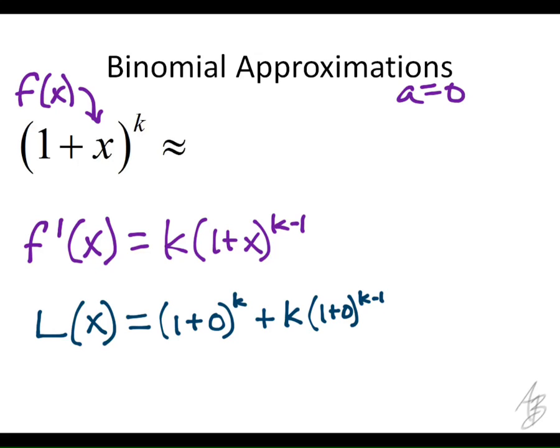And what is this part right here going to be? 1. Okay. Times x minus a, and a is 0, so x minus 0. So the linearization of this binomial is going to be 1 plus k times x.